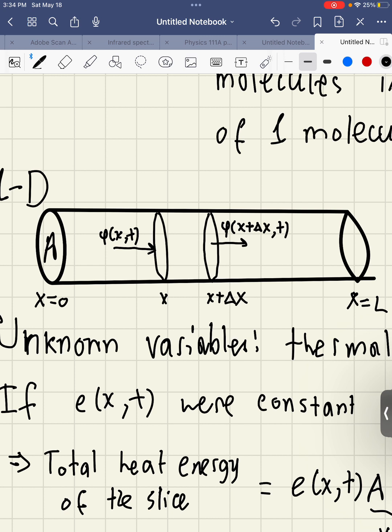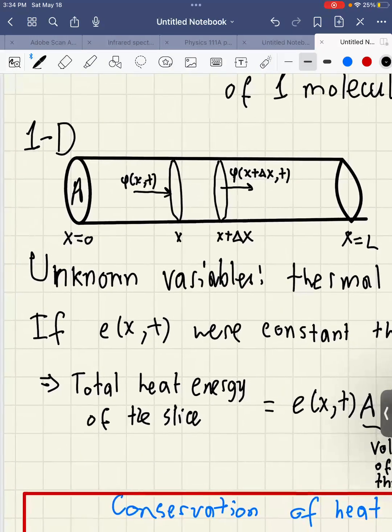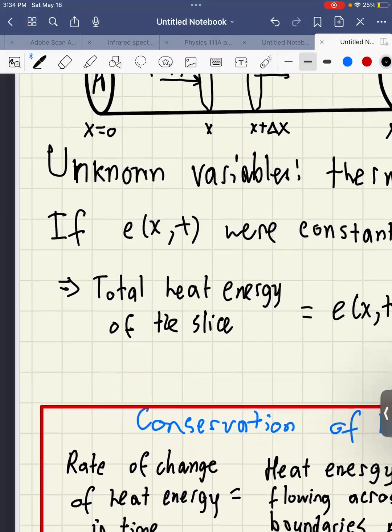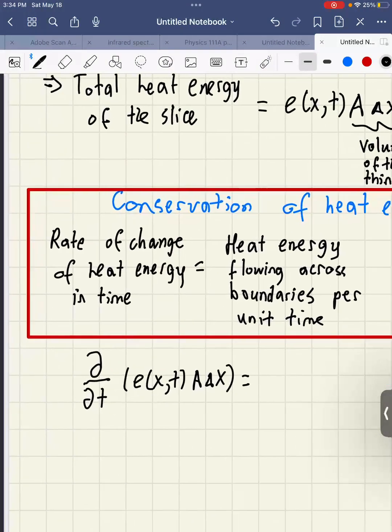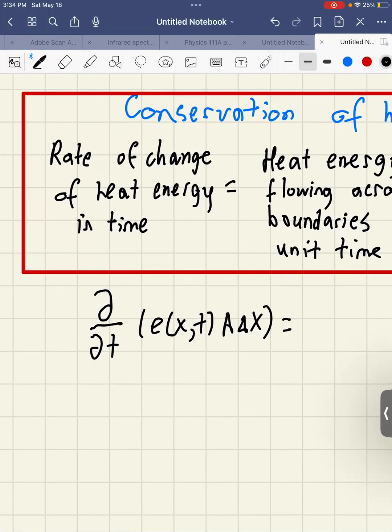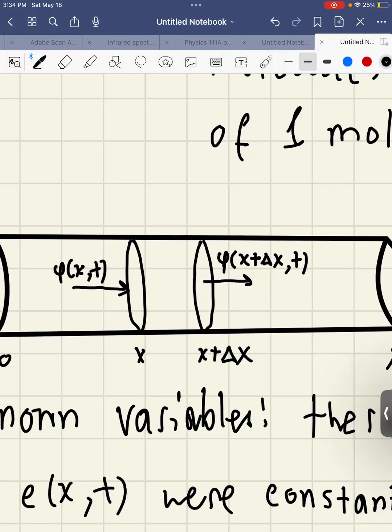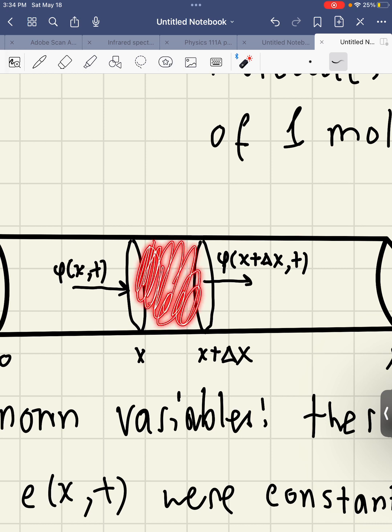Now, to define our heat energy flowing per unit time across the boundaries of the slice, we are looking for the heat flux within these boundaries per unit of time.